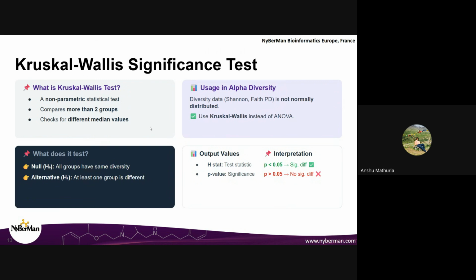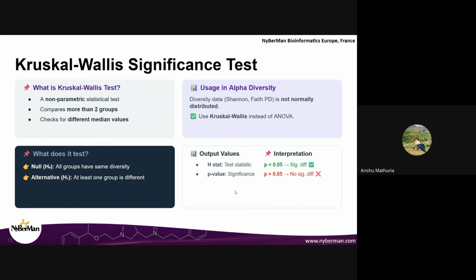For this particular setup, we are using a Kruskal-Wallis significance test. It's a non-parametric test, basically used to compare more than 2 groups. It checks the median values between the groups, and that is applied here.